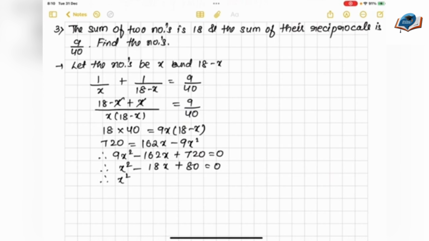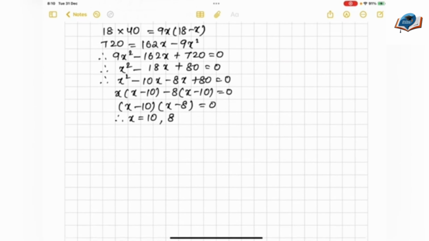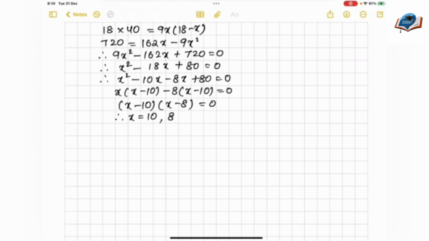So now splitting the middle term, 80 having such factors whose sum is 18, so minus 10x minus 8x plus 80 equal to 0. So taking x common, x minus 10, taking minus 8 common, x minus 10 equal to 0. So two factors I got, x minus 10 and x minus 8 equal to 0. So therefore either x equal to 10 or x equal to 8.